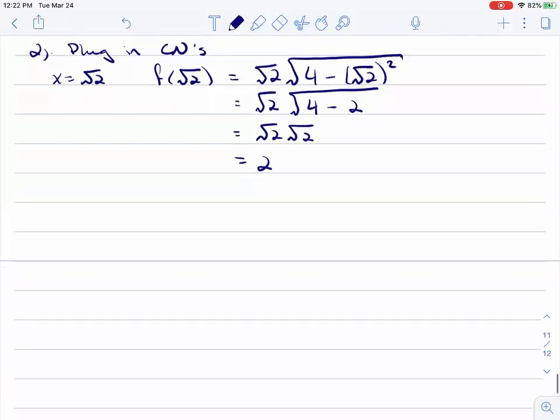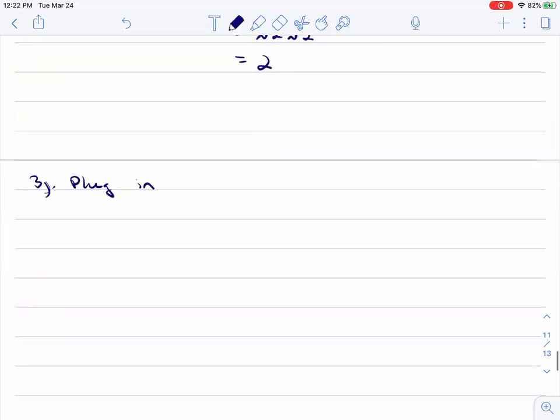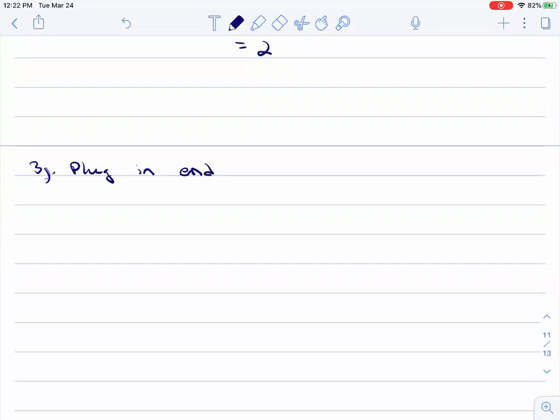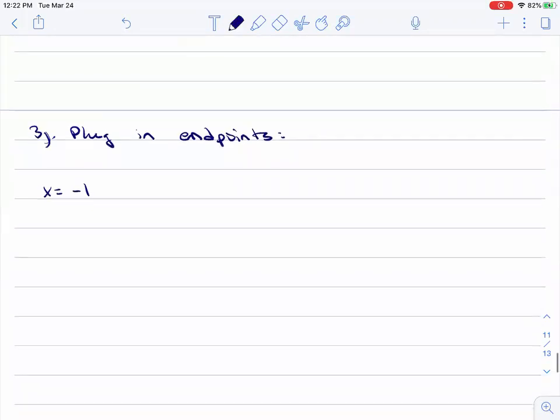Third thing we're going to do, I'll put it on the next page here. We're going to plug in the endpoints. And here, like I said, you could have just used x equals 2 earlier as a critical number, but it just looks weird if you don't have 2 endpoints because it's supposed to be a closed interval.